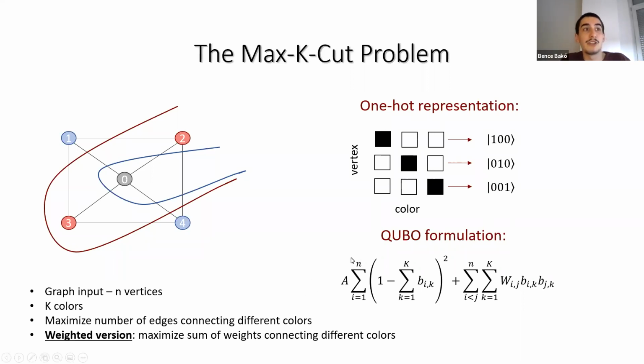In this formulation, the first term penalizes if we have assigned, let's say, multiple colors to a node, or if we have assigned no color. So if we have all zeros, or if not exactly one bit is 1, then we have a penalty term here with some constant factor. And the second term penalizes edges connecting nodes with the same color.